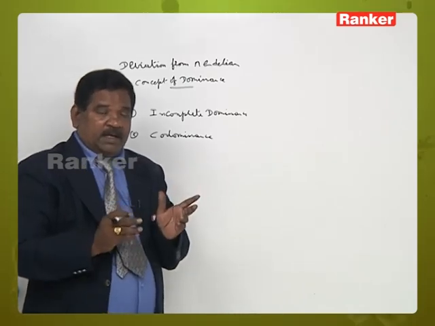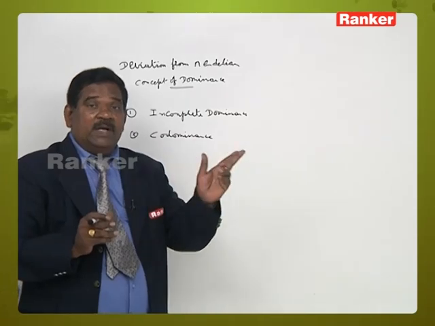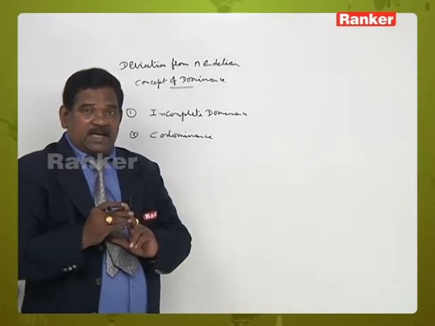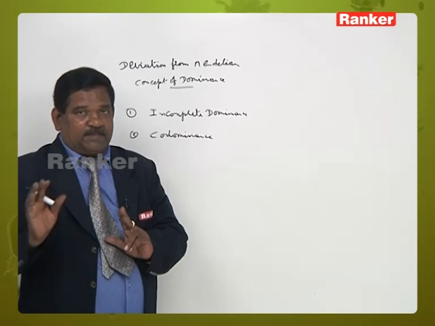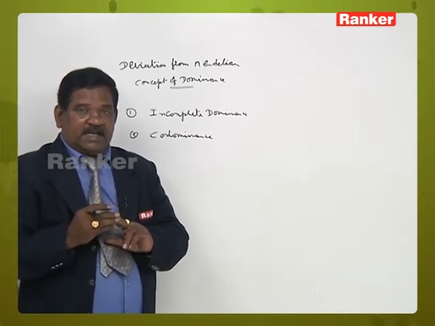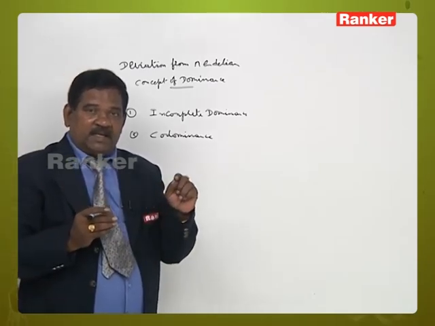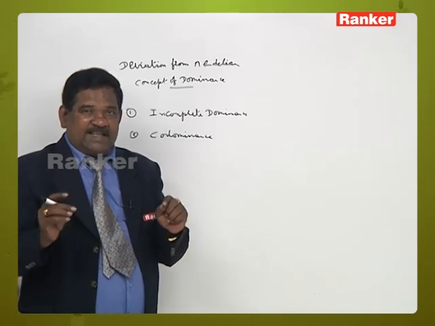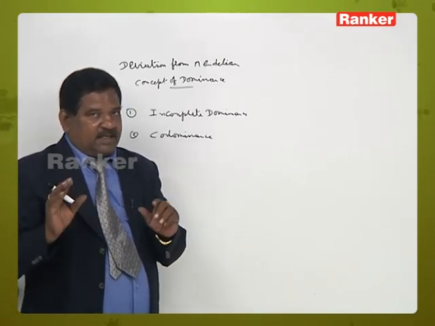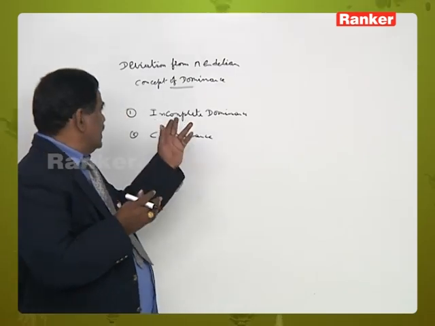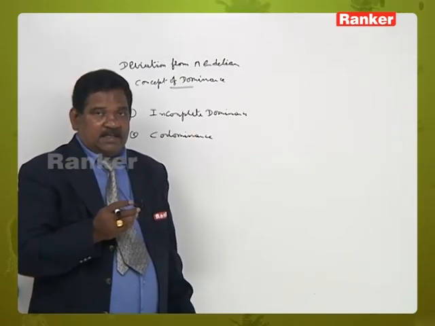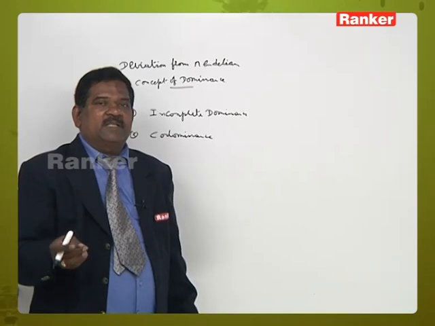According to Mendel, in the F1 generation only one character is expressed and the other is not. The character expressed in the F1 generation he called dominant, and the character not expressed in the F1 generation he called recessive. But in incomplete dominance, no parental character is expressed in the F1 generation.